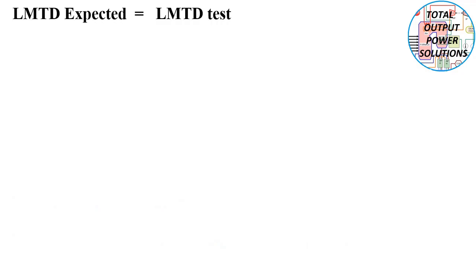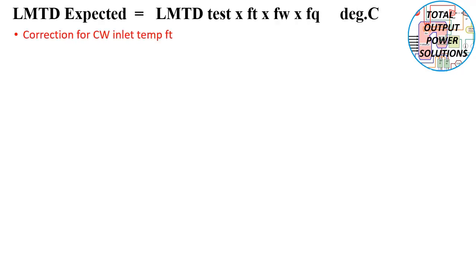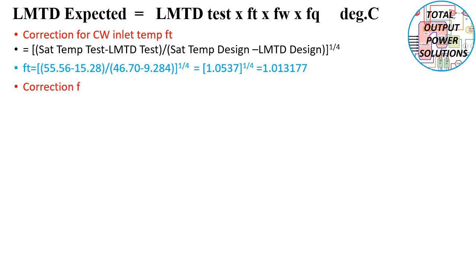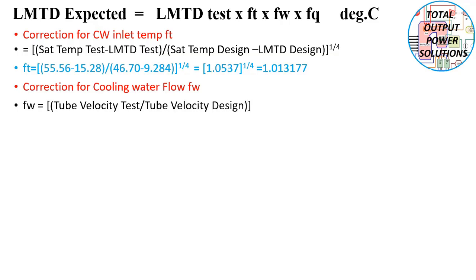Now that was the test and the design, but the LMTD expected needs corrections. First of all we get the correction for CW inlet temperature, for which the formula is given there. Ft comes out to be 1.013177. Then correction for cooling water flow.